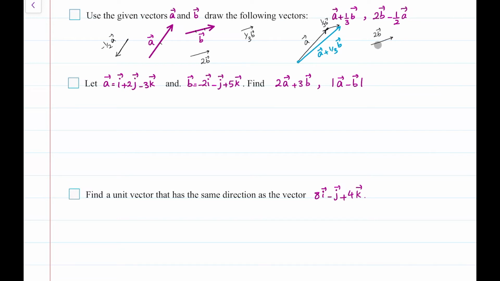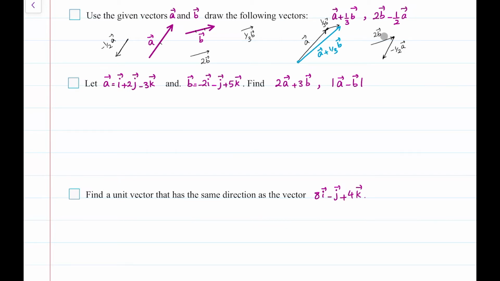So now I have 2B, and then at the end of the first vector, I'm gonna have the second vector, negative 1/2 A, and I'm gonna assume that I have an addition.